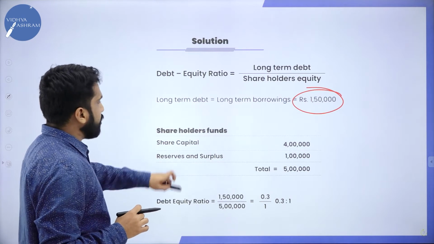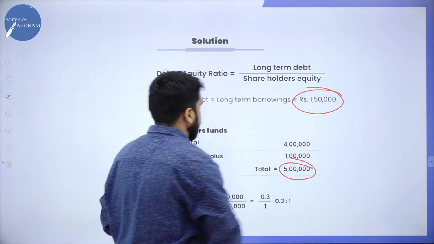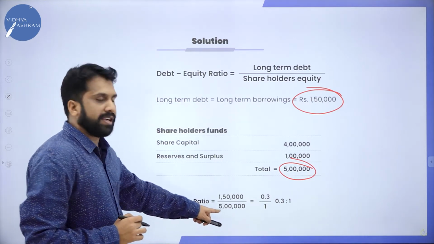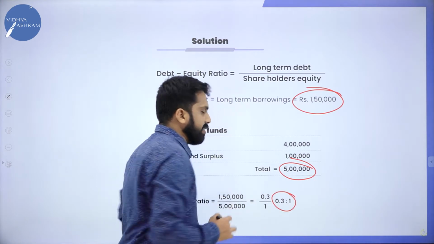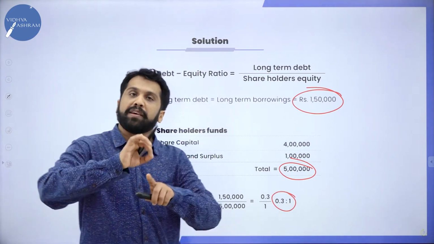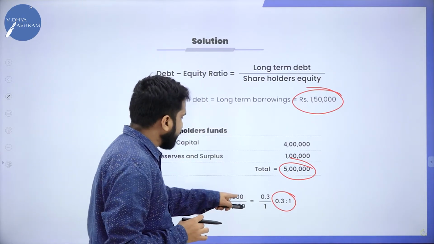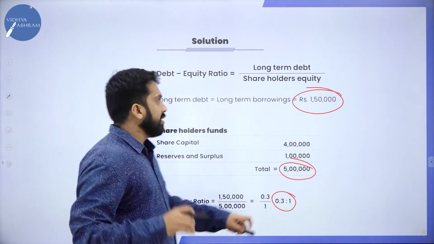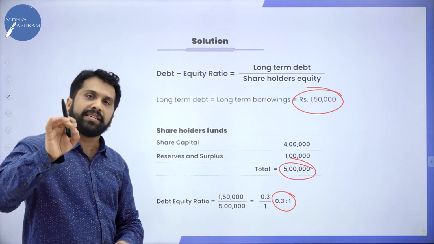Now, shareholders fund as per our calculation is 5 lakh. 1,50,000 divided by 5 lakh. Your answer is what? 0.3 is to 1. Is it favorable or not? It is favorable. Why? Because your debt is lesser than your shareholders equity. So the company is running good.